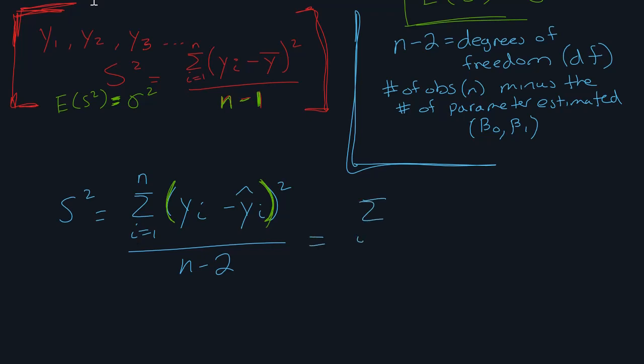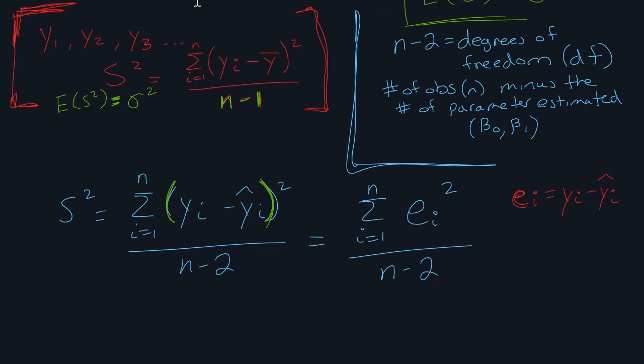So this is equal to the sum from i equals 1 to n of e sub i squared, divided by n minus 2. A lot of times we will use this formula instead, and it's assumed we know that e sub i equals the difference between your observed value and your predicted value.